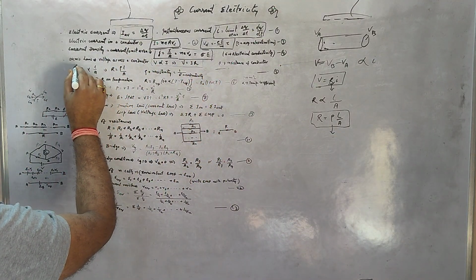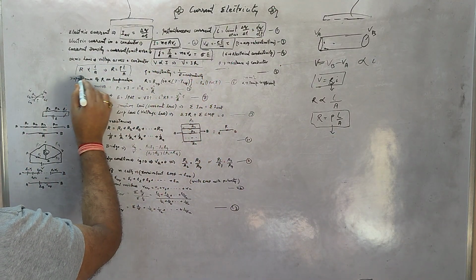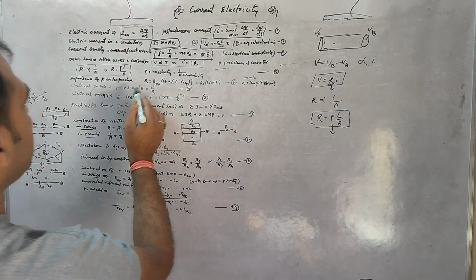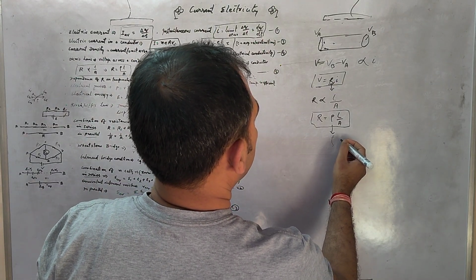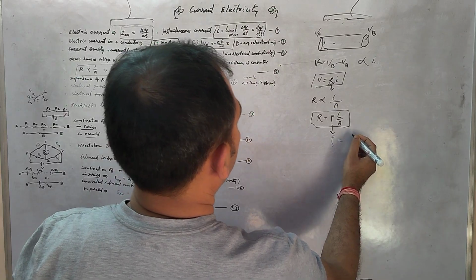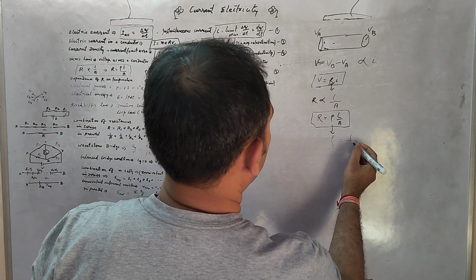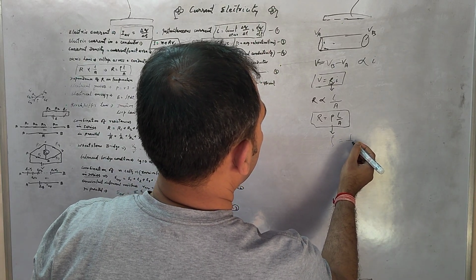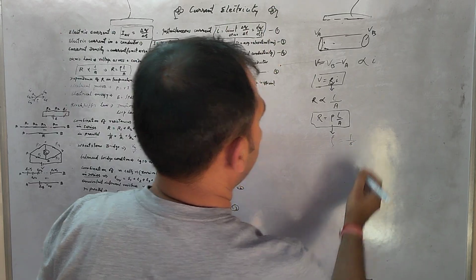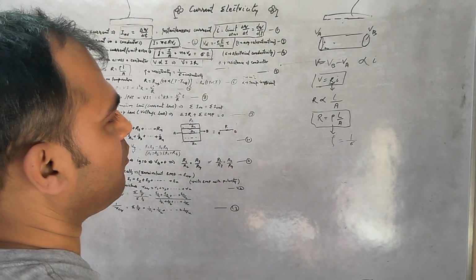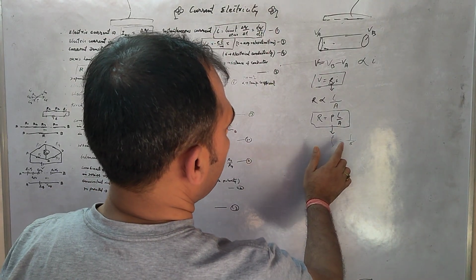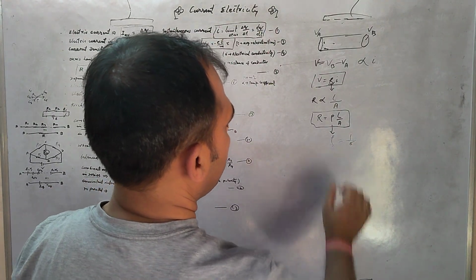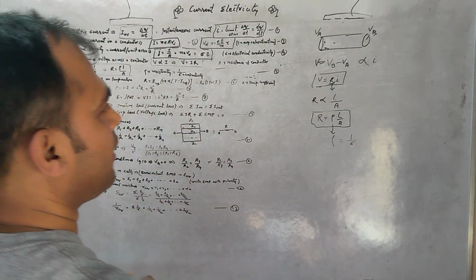So here you have another formula, and this rho resistivity will be inversely proportional to conductivity, 1 upon sigma. So resistivity will be equal to 1 upon conductivity of that material.